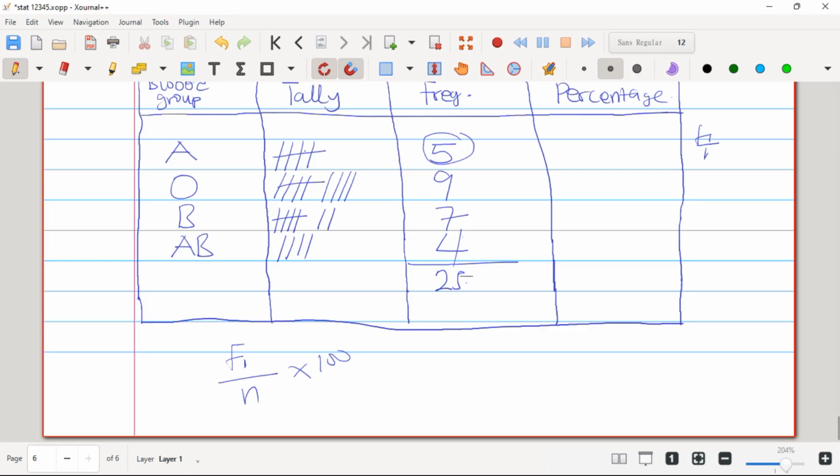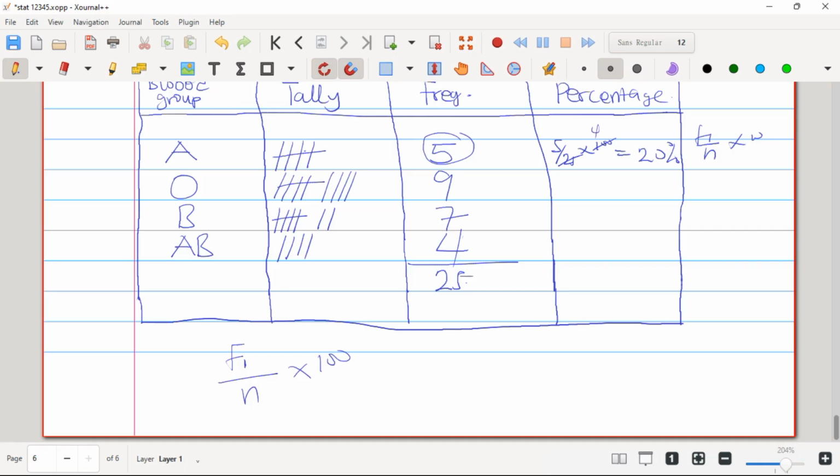F1 divided by N times 100. The first frequency is 5, so here will give us 5 divided by N, that's 25, times 100. 25 can go into 100 4 times. 4 times 5 will give us 20. Right? 20%.